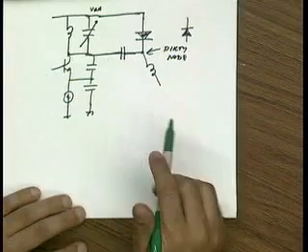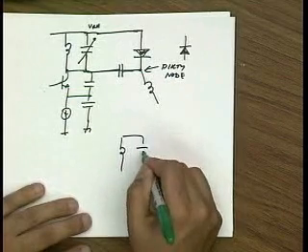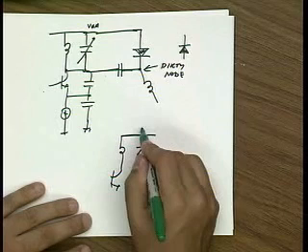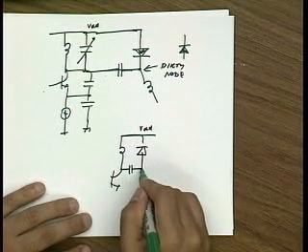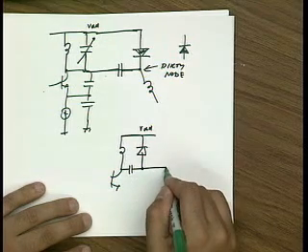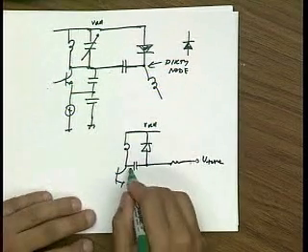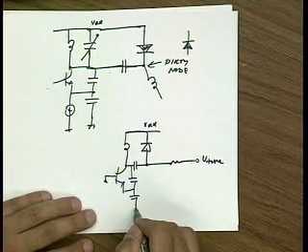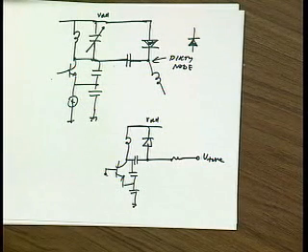So clearly the right way to do it is the other way. So if this is VDD, as long as this is below VDD, this is the V2 node, then the circuit will operate correctly. Okay. Questions?